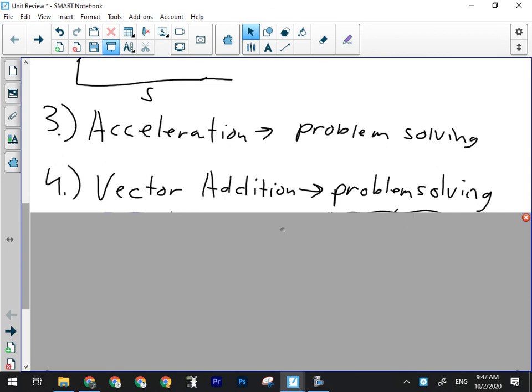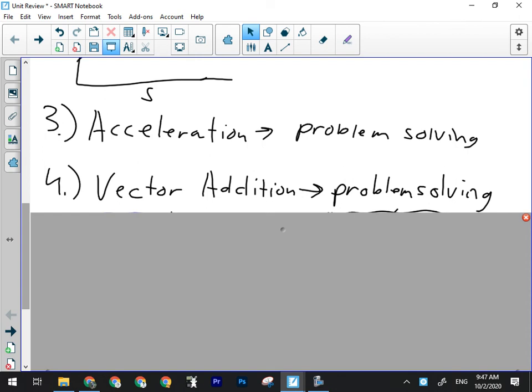Vector addition. There's a few multiple choice questions just about the techniques and principles behind vector addition, like the whole tail to head thing and stuff like that. Not that would involve any calculating, but there could be a few situational questions in the multiple choice testing your understanding of how vector quantities work.